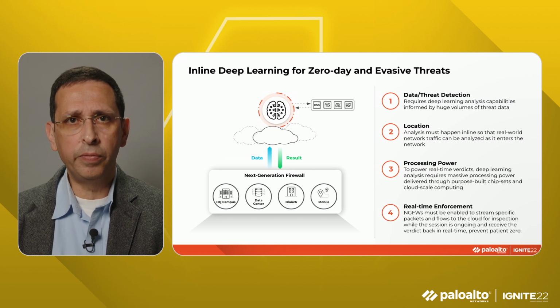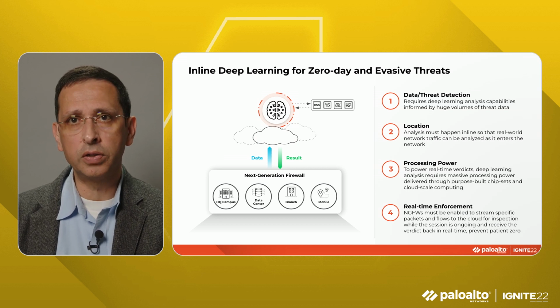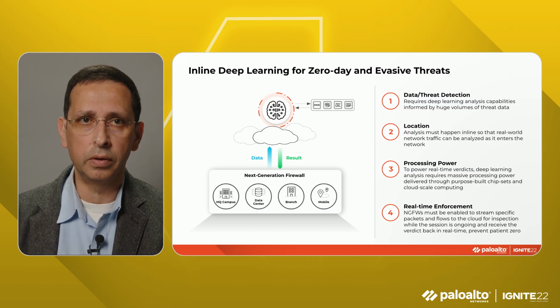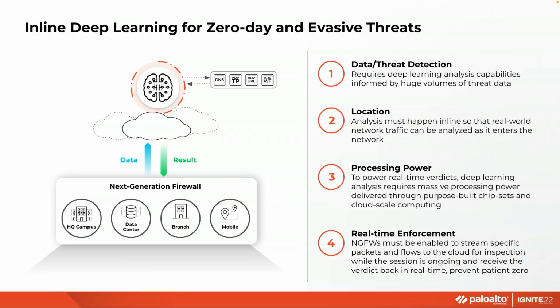Now, preventing evasive and never-before-seen threats in real time requires a number of different capabilities all working together. First, it requires incredible threat detection capabilities. Deep learning models create what are called neural networks, which are models meant to be similar to the way our brains work.